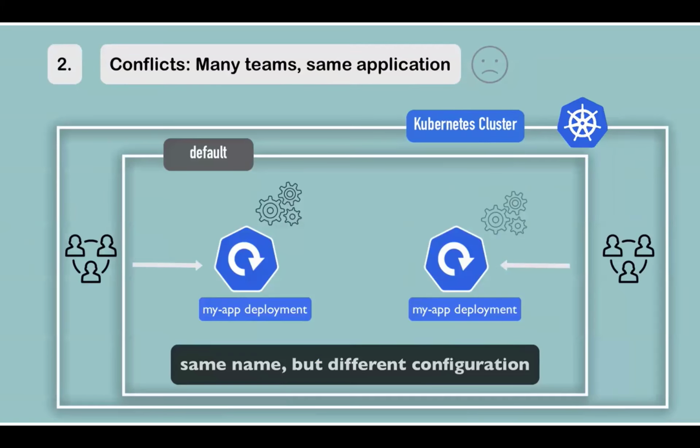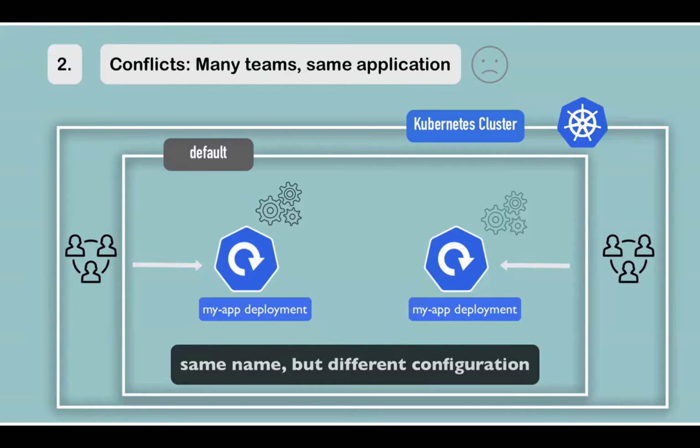Second is, suppose two teams are working on one project, having the same project name but different configuration. If you keep them in a single namespace, it will show you the conflicts. You cannot have a single app name in a single namespace. Got it? That's the issue you will face.